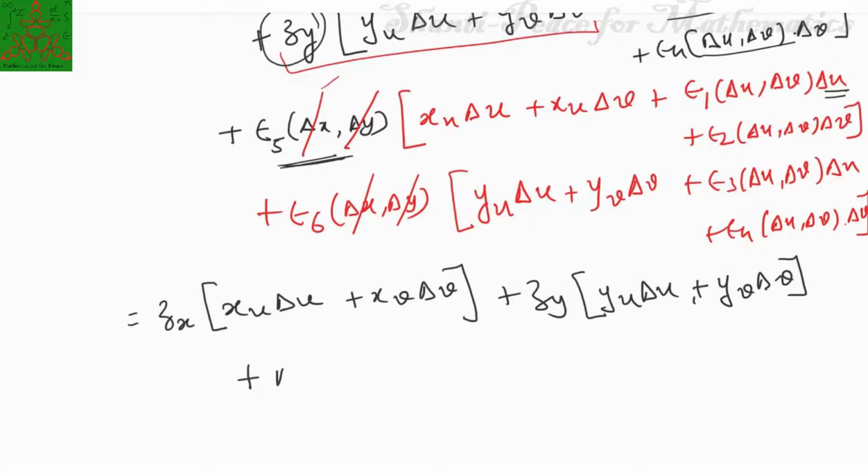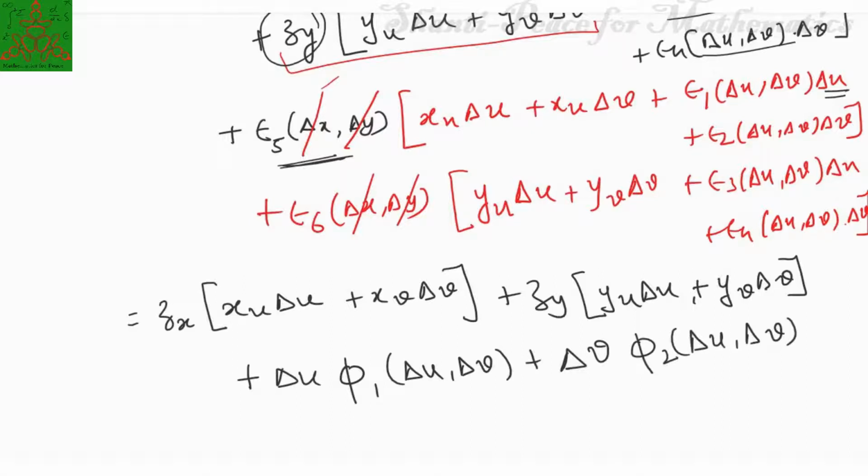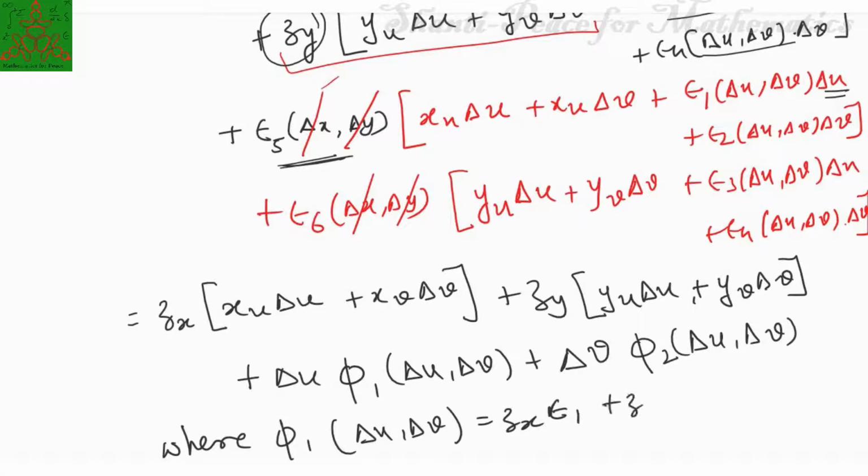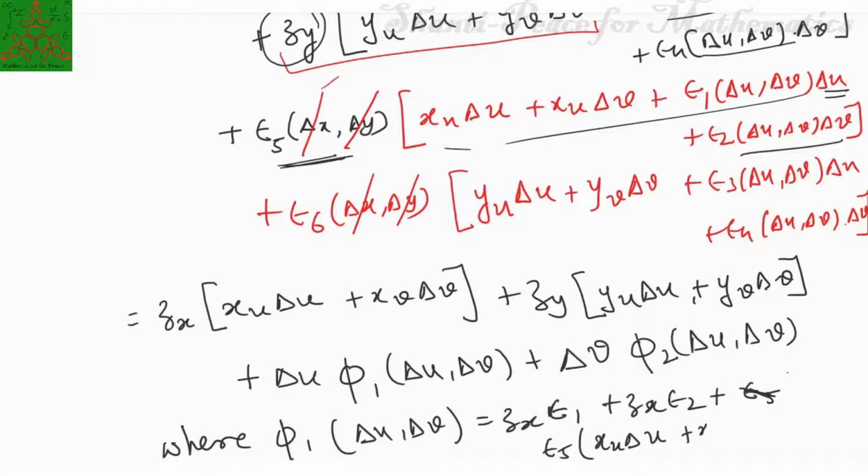So that is plus delta u into some function of delta u delta v, and whatever the coefficient of delta v we write down as a function phi 2, where this phi 1 of delta u delta v you may write as zx epsilon 1 plus zx epsilon 2 plus epsilon 5, and inside the bracket, in multiplication of epsilon, phi is all this bunch that we can write, that is xu delta u plus xv delta v plus delta u epsilon 1 plus delta v epsilon 2.